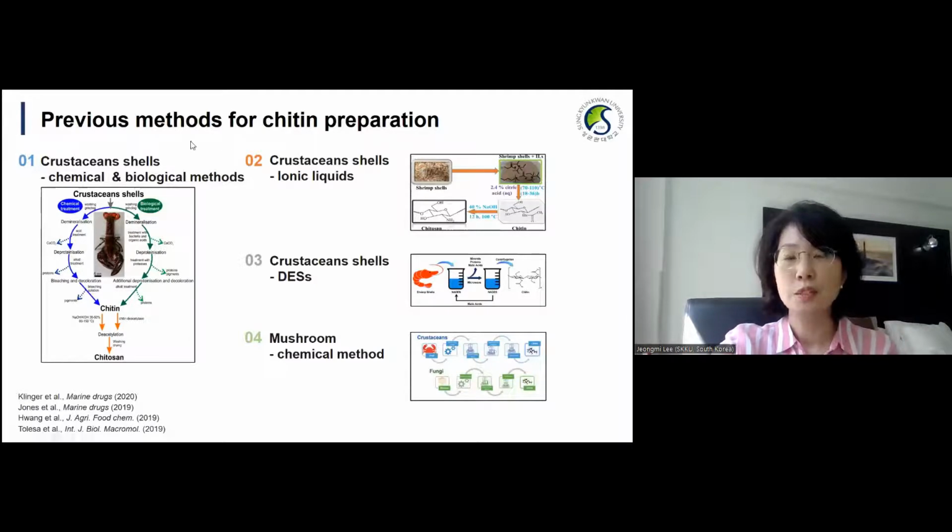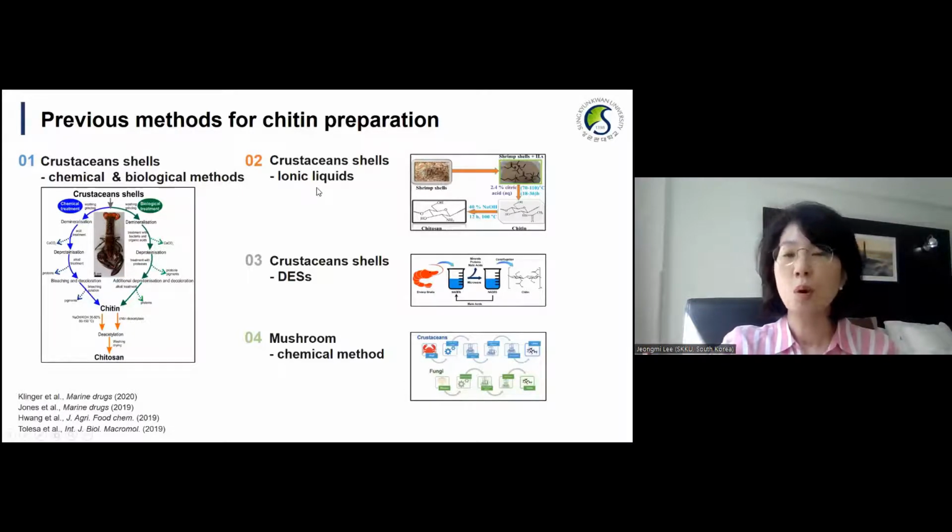As you can see from this slide, crustacean shells have been the most popular resource to prepare chitin. When crustacean shells are used, mostly chemical and biological methods have been used as the most common methods.